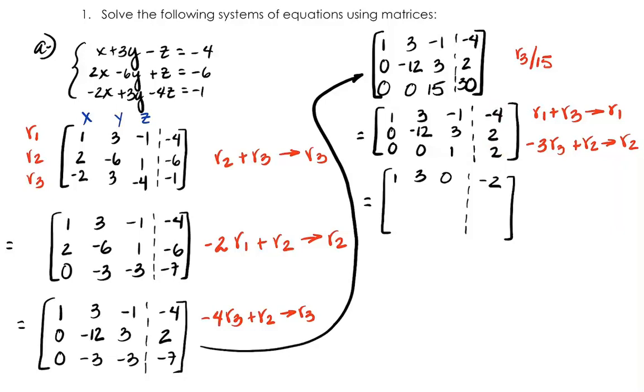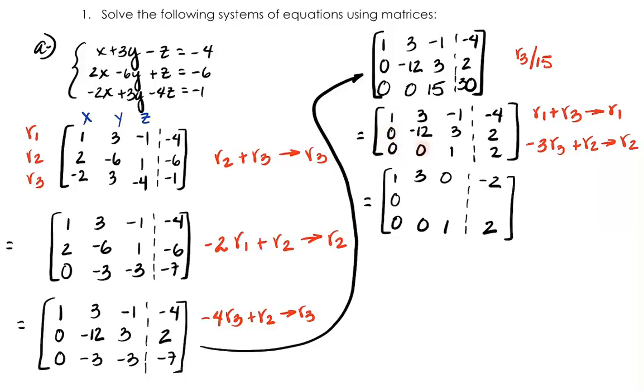Now we are going to multiply row 3 times negative 3 and add it to row 2 to find our new row 2. Row 3 will stay the same. So negative 3 times 0 is 0, plus 0 is also 0.